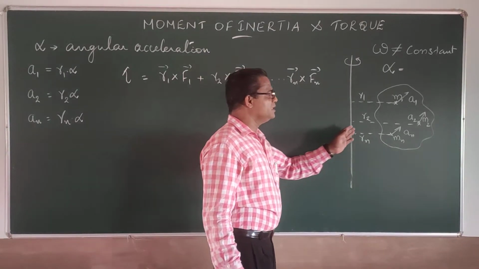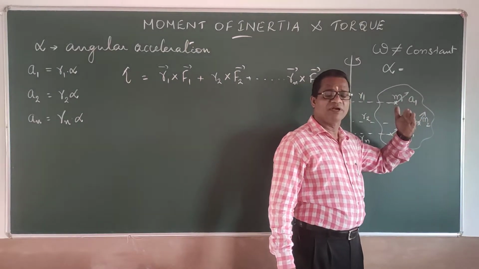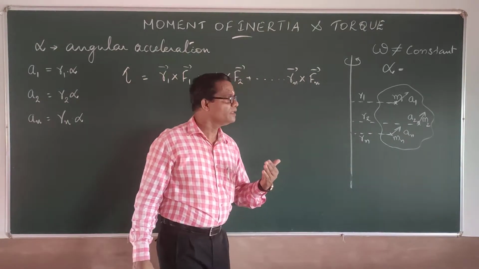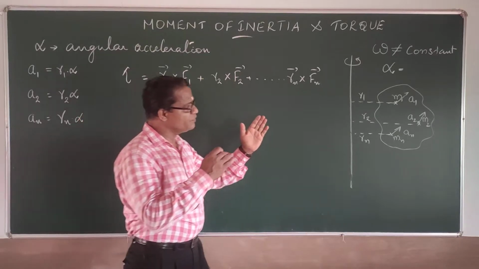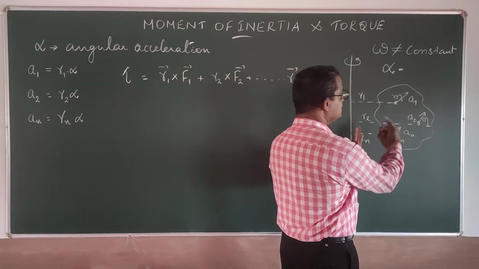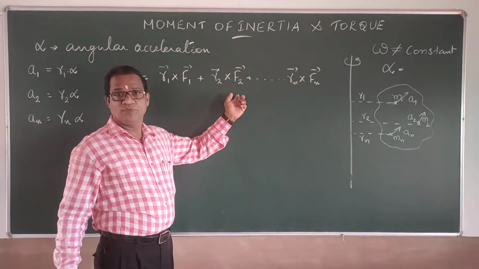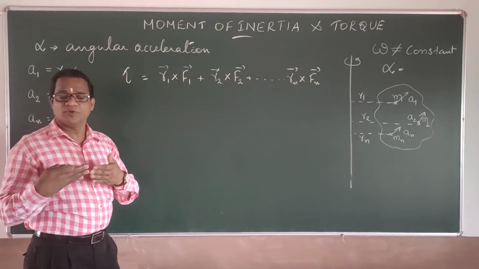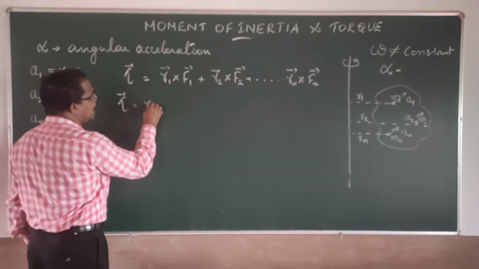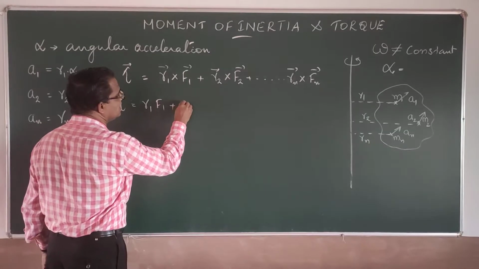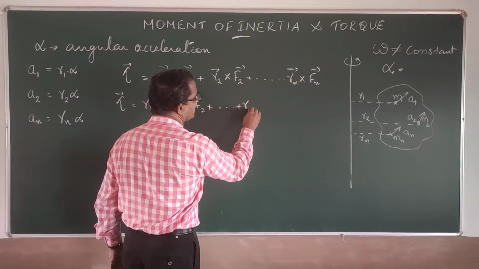That means there is an individual force acting on each mass particle, F1, F2, up to Fn, so I can apply the cross product here. But as the body moves around the axis, the angle between the R vector and F vector is 90 degrees; they are perpendicular. So I can write torque tau as R1 F1 plus R2 F2 plus etc. plus Rn Fn.